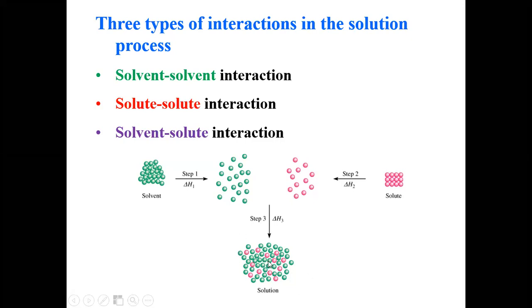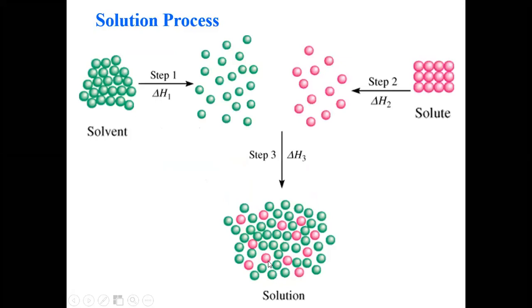So this is actually the solution. The solvent is a little bit separated, the solute is separated, and now they are combined together. That means the solute molecules are hiding themselves inside the intermolecular space of the solvent. So this is a solution.